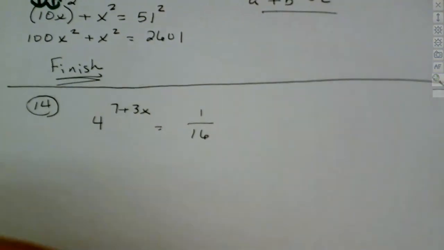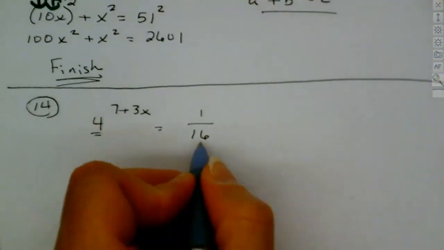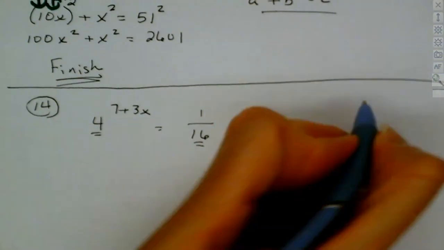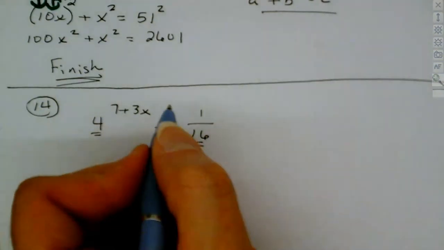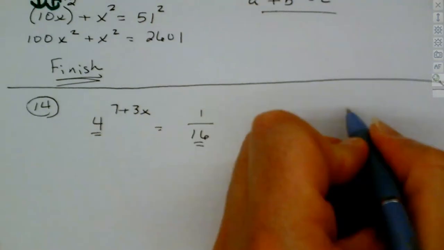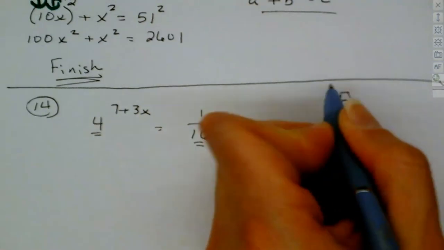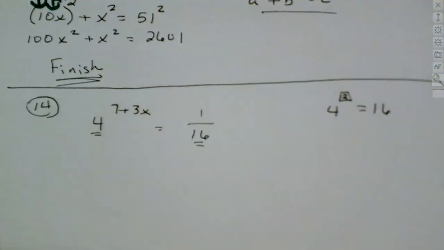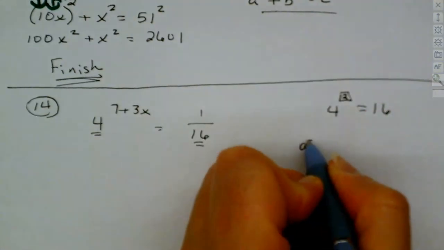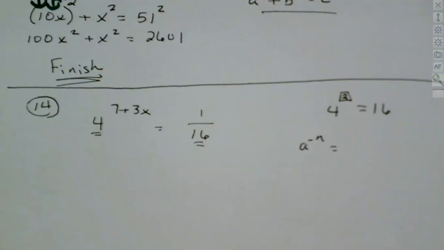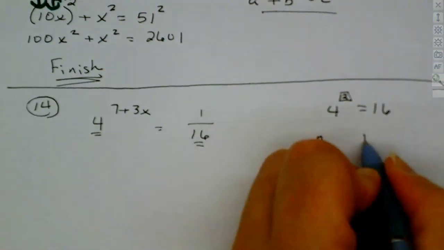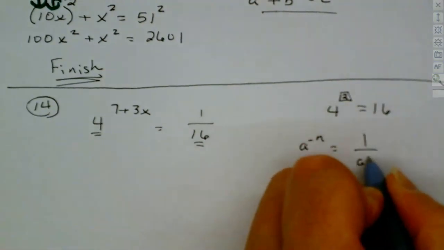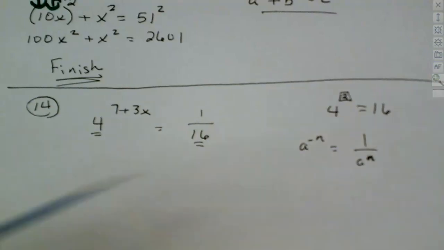What do we know about 16? Let's look at our bases here. We've got a 4 and we've got a 16. Well, we know, first off, that 4 raised to what power makes it a 16? Second. And then we also have the negative exponent rule that says a to the negative n is the same thing as 1 over a to the n power. So we can flip it over.